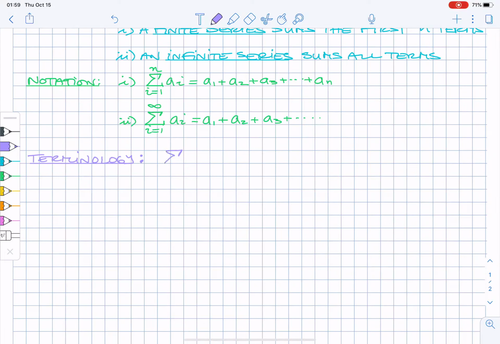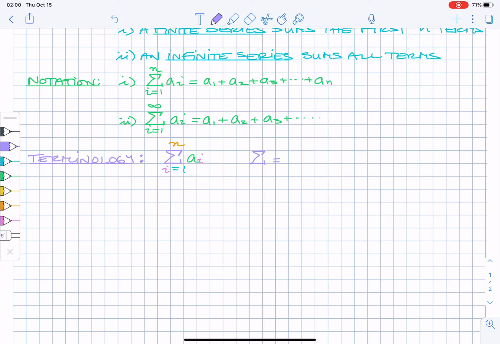So we have sigma, we have index, 1, 2, of a sub index. Okay, so the terminology is going to be sigma is read aloud.